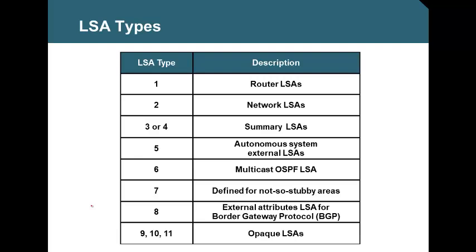Type 4 is autonomous system summary LSA. But anyhow, both can be called a summary LSA because both originate from the ABR. Now, what does type 3 carry?